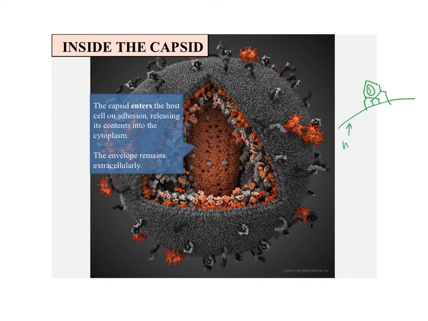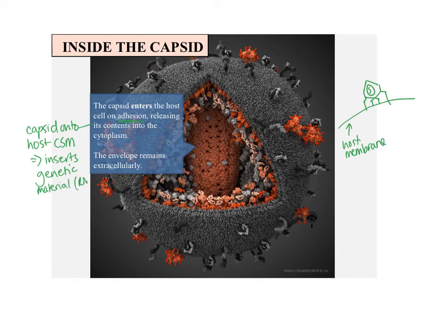And if this is the host's membrane, what HIV does is it works to adhere the capsid onto the host cell surface membrane, and then it inserts the genetic material, which remember is HIV is RNA. And this goes into the host cell cytoplasm.